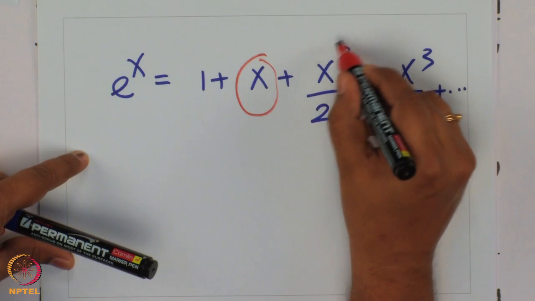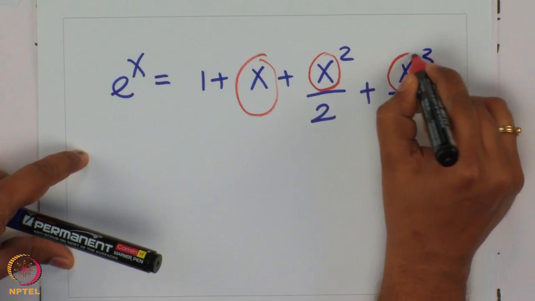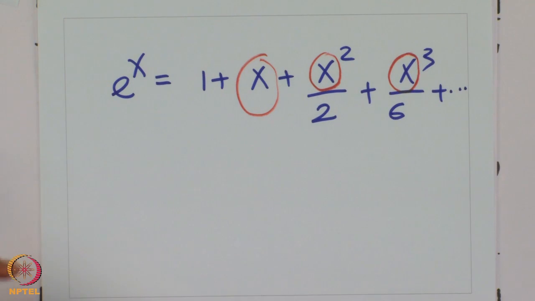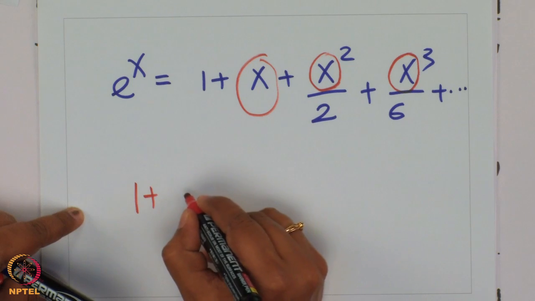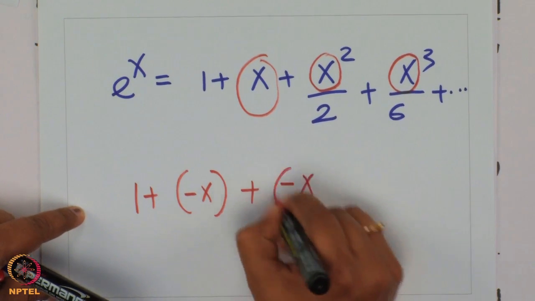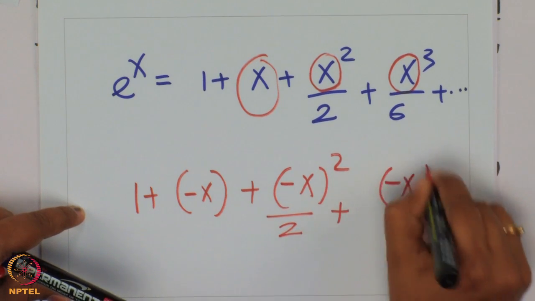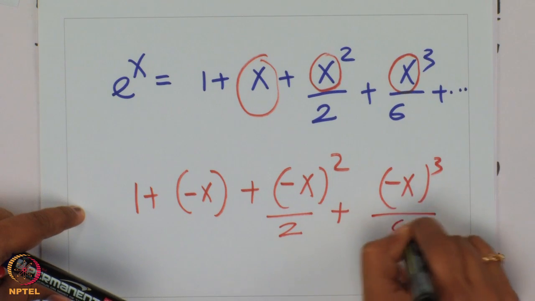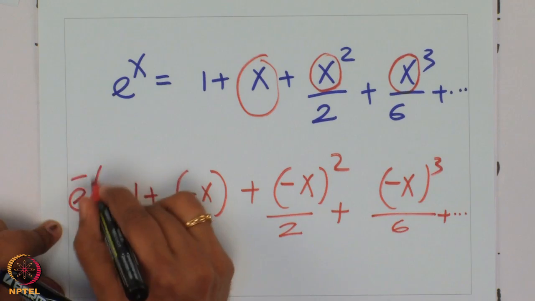Wherever there is an x, there we will put minus x. Then we would get 1 plus minus x plus minus x square by 2 plus minus x cubed by 6 dot dot dot. This will give you e power minus x.